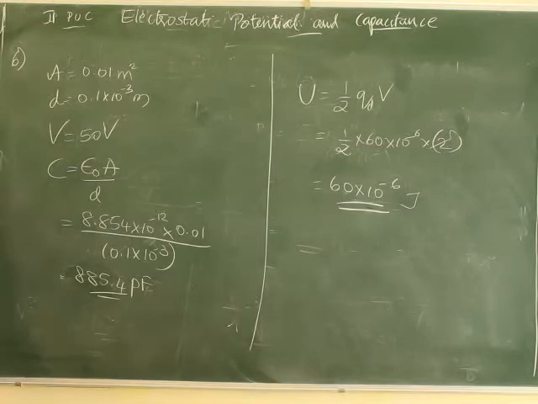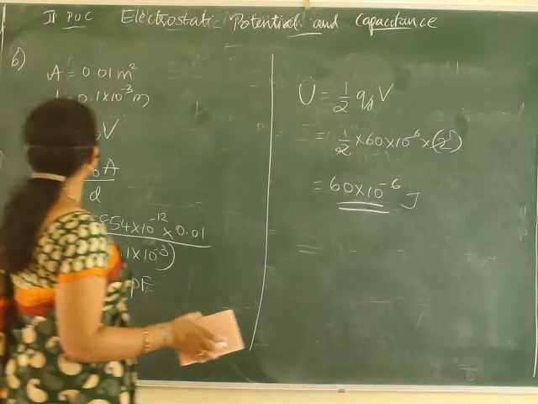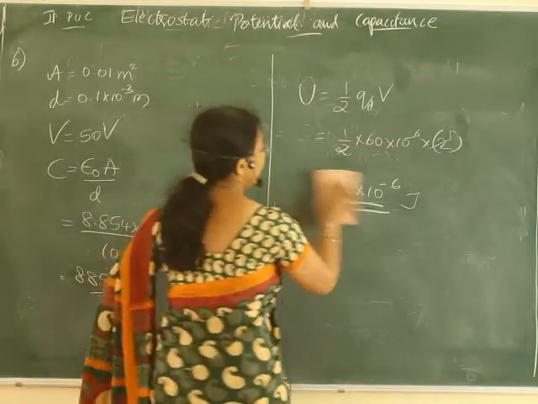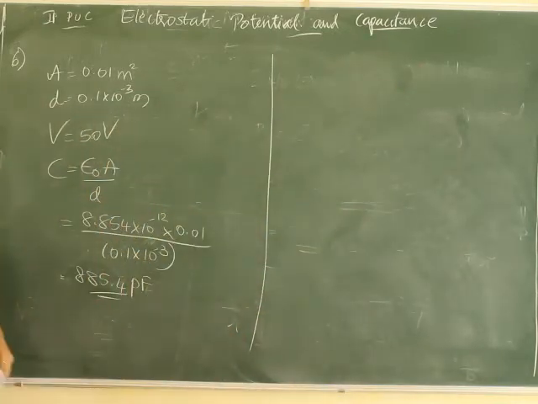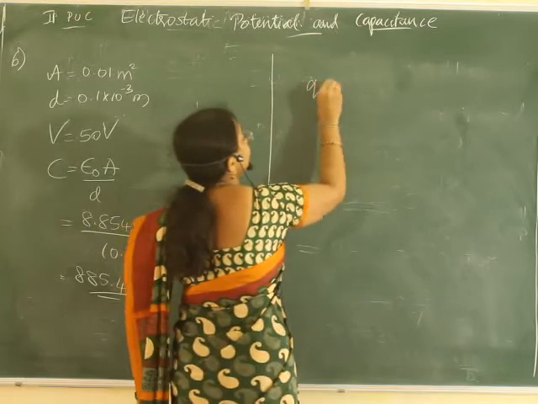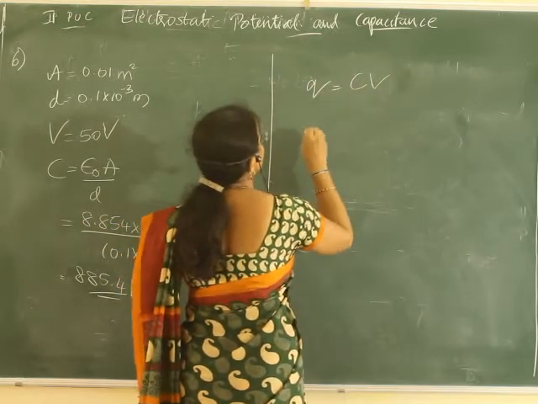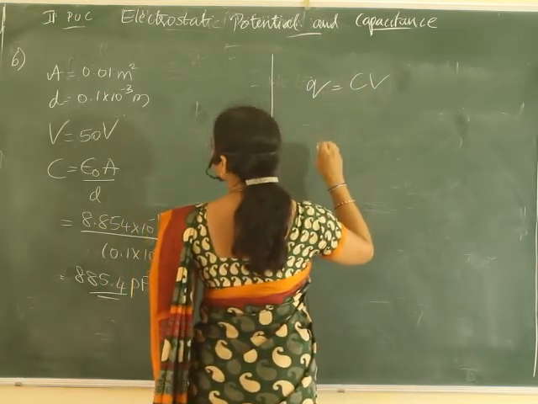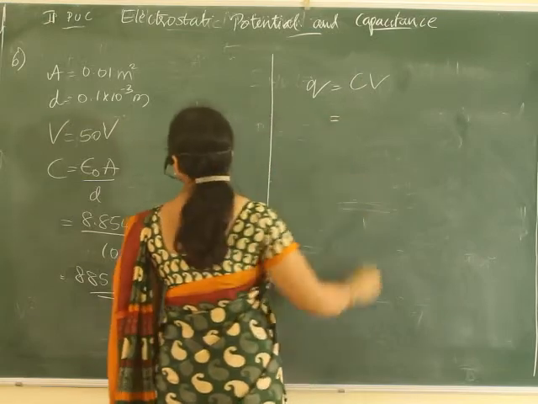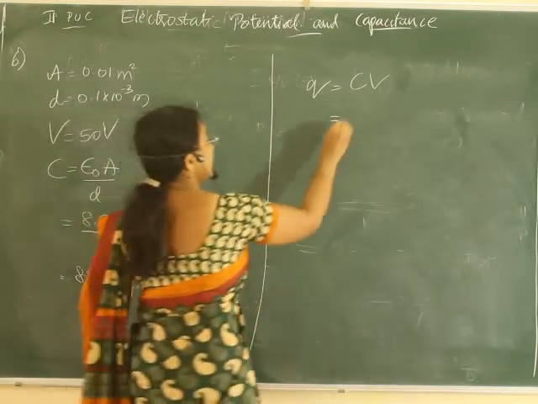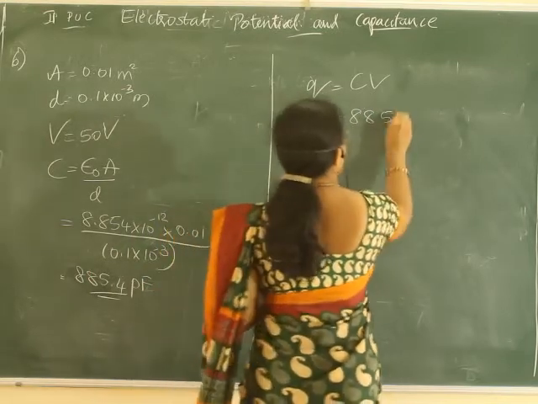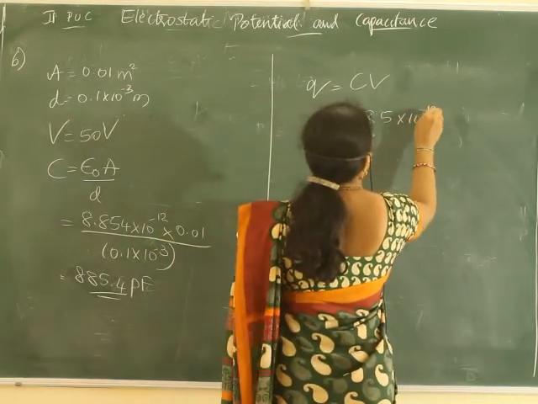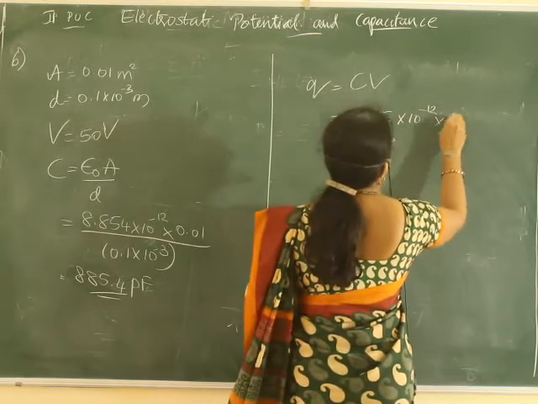Next you have to calculate what? Charge on it. How can we calculate the charge? We know C, we know V. Which formula? Q is equal to CV. Capacitance is 885 pico, V is 50.